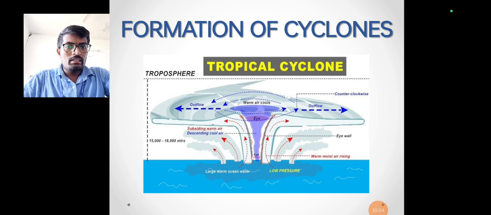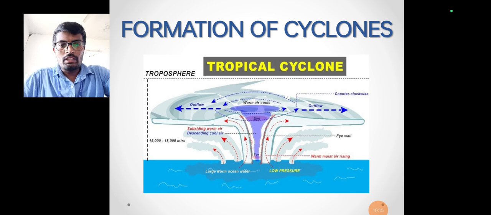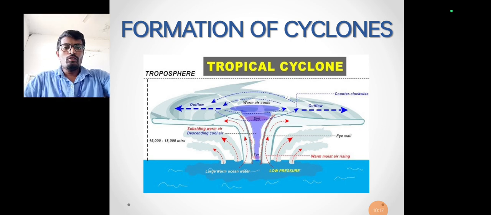As the air rises, it reaches the outflow at high altitudes. So that area is converted into a low pressure area. That low pressure area attracts the surrounding cold air, which replaces the warm air. That cold air spins around the low pressure area, and that pressure area is called a cyclone.